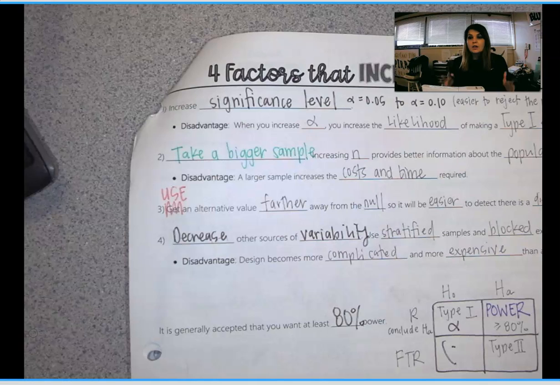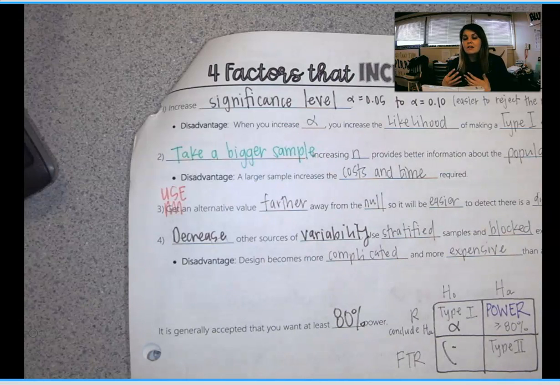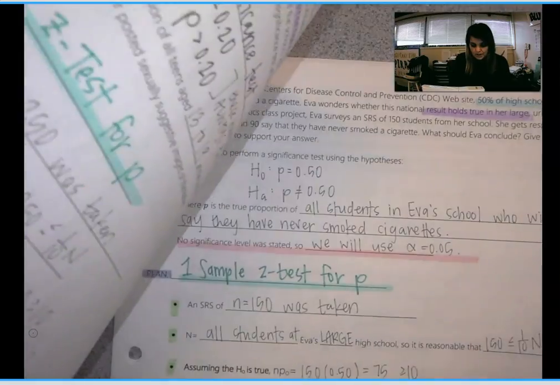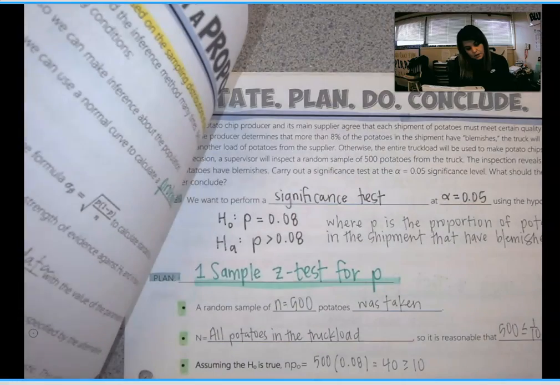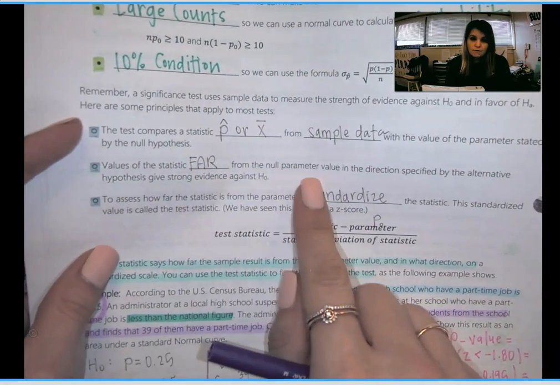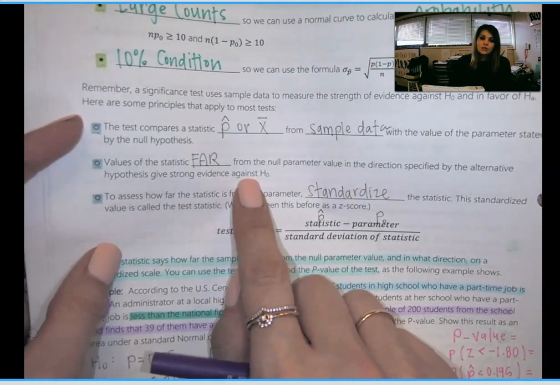Because remember, the farther away your alternative value is, the more obvious it is that the null is wrong. So this goes back to our notes where it says observations that are very, very far from the parameter value. So it's this: values of the statistic far from the null value give strong evidence against the null.